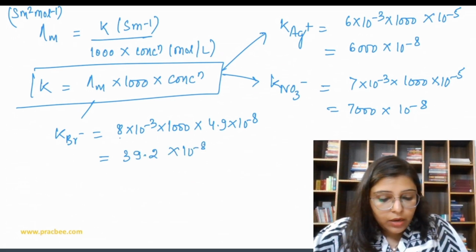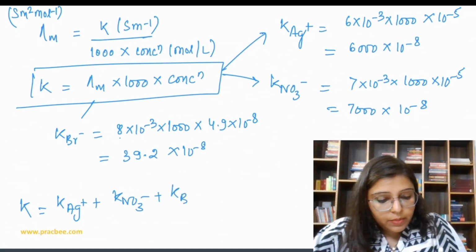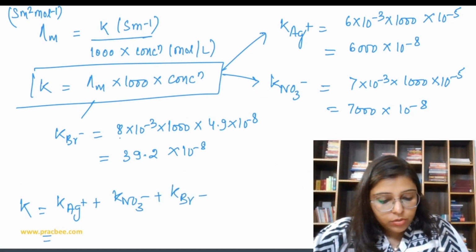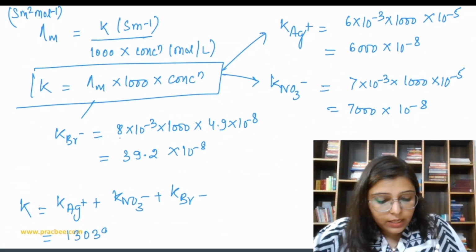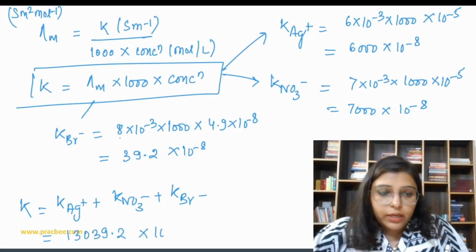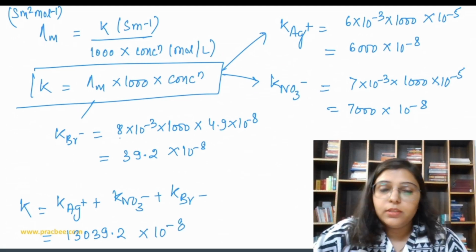Okay. Now total kappa is going to be kappa of Ag plus, kappa of NO3 minus and kappa of Br minus, the conductivity of this. So on summation we get 13039.2 into 10 to the power minus 8.